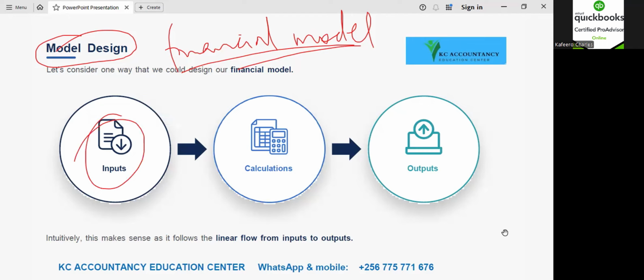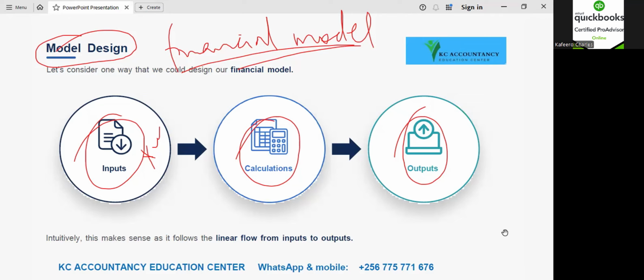We could think through all the necessary calculations that we need to perform with these inputs, all these variables that we have here, and that would lead us all the way through to our outputs.